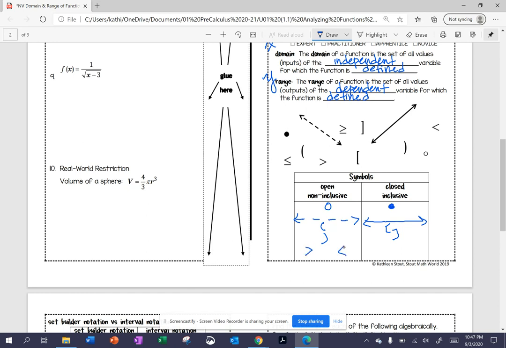Greater than or less than represent open, or greater than or equal to, or less than or equal to represent closed. The only exception is when I'm talking about infinity. Infinity always uses a parentheses. So this is just a special case.